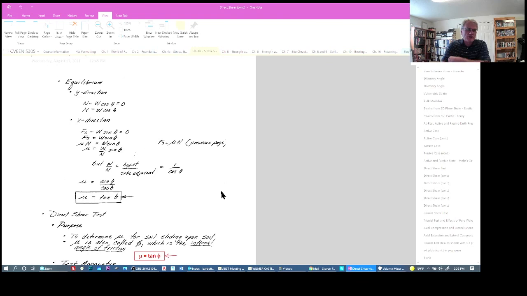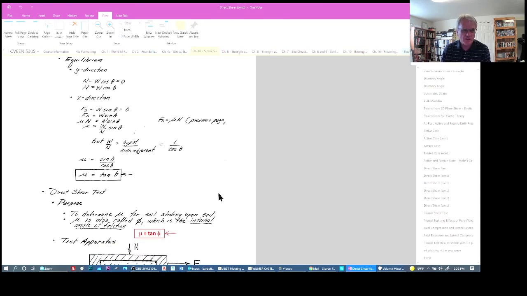So writing equations of equilibrium from statics in the y direction, the normal force N minus the weight of the block W times the cosine of theta, which is the inclined angle, must be equal to 0. So the normal force is just W times cosine theta. In the x direction, then we have the sliding force resisting sliding, and we have W minus sine theta, and that must be equal to 0.